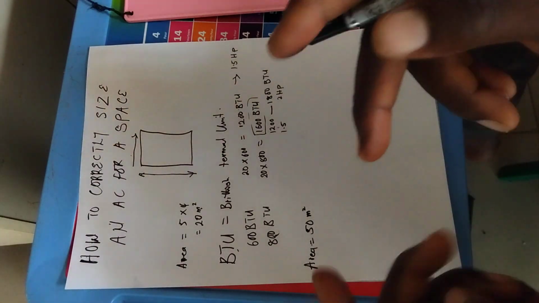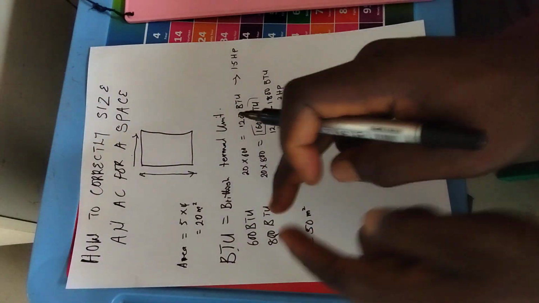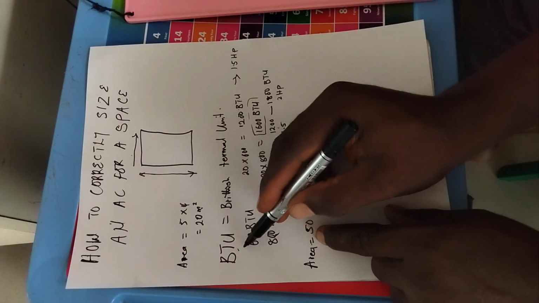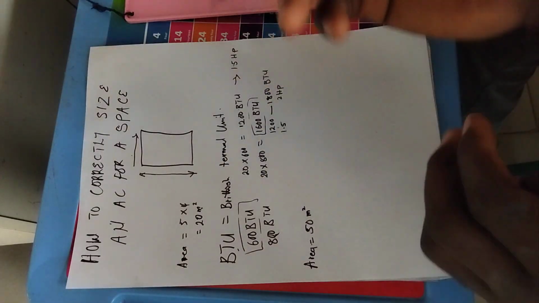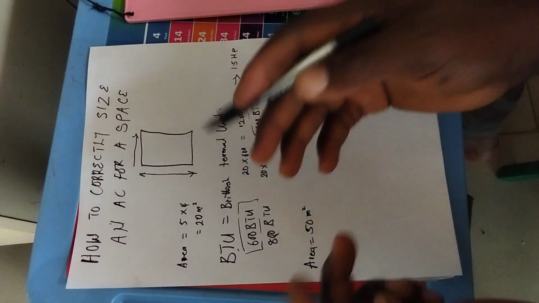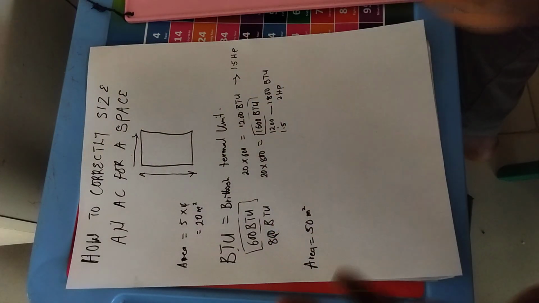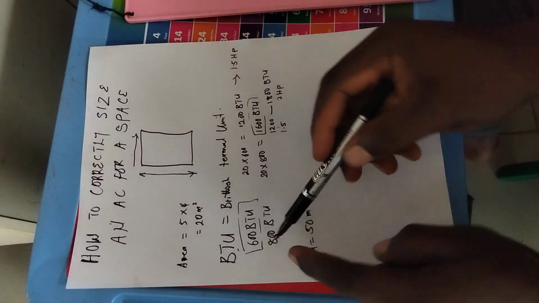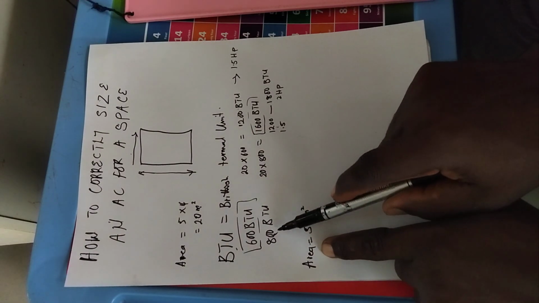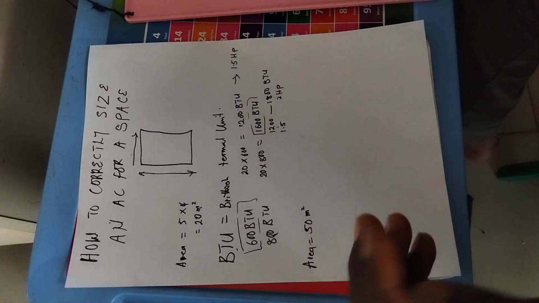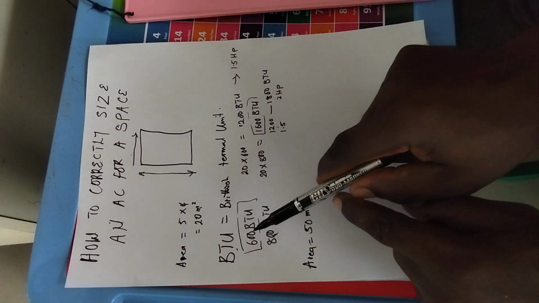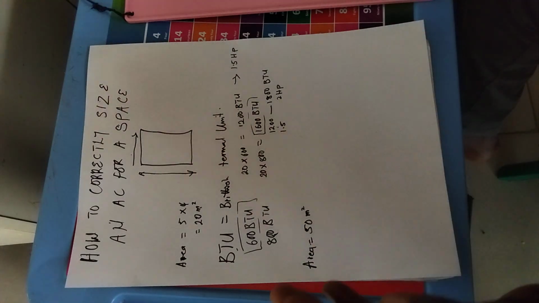Putting that 50 square meter into the same condition, either the room has space or the room doesn't have space, enough windows or enough open space where the sunlight can come into the room. If you have enough space where sunlight can come into the room, that's where you calculate it using 800 BTU. But if you don't have enough sunlight coming in, you can go with 600 BTU. That is to say the place is actually sealed.